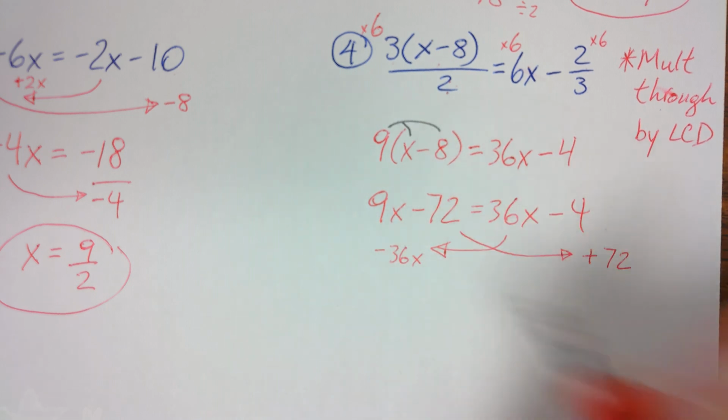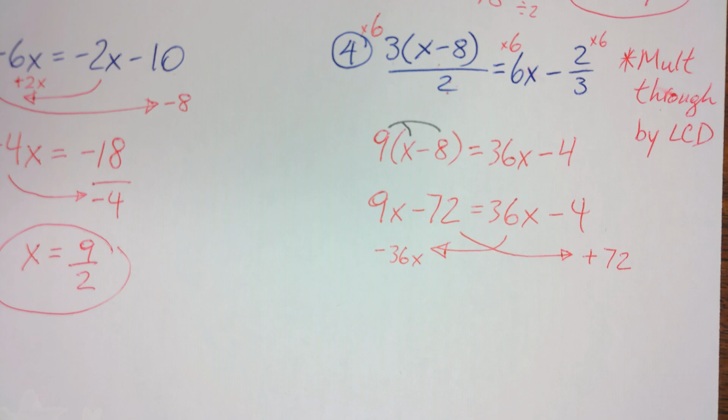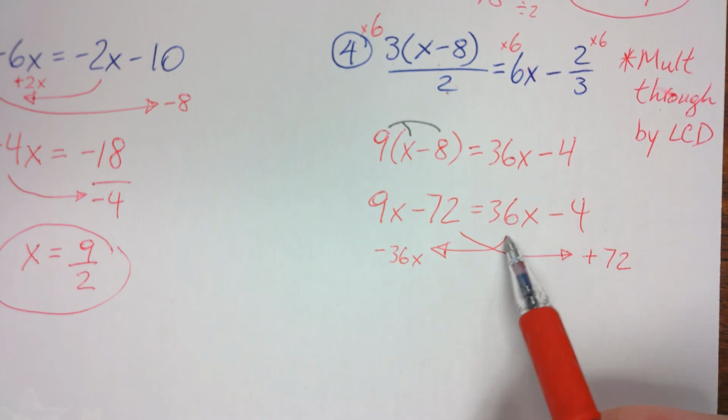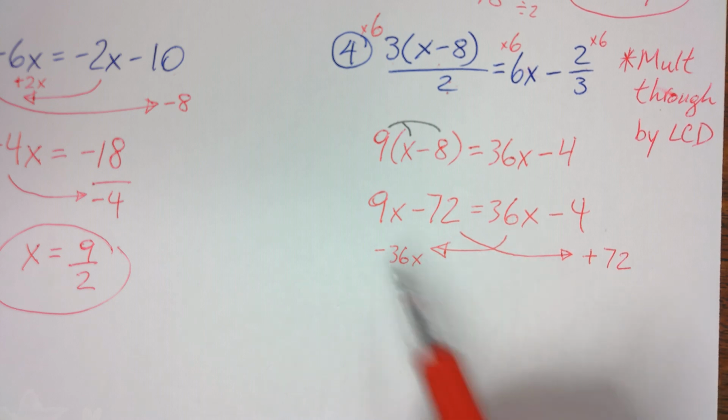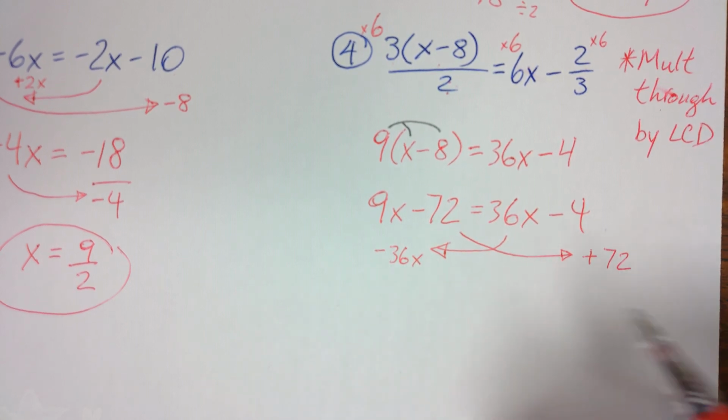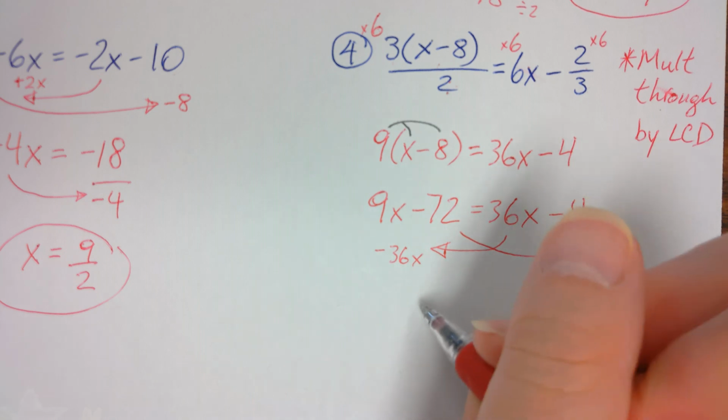Okay. 9 minus 36. Yep, because the 36, when you move it over, it becomes minus. Negative 27.